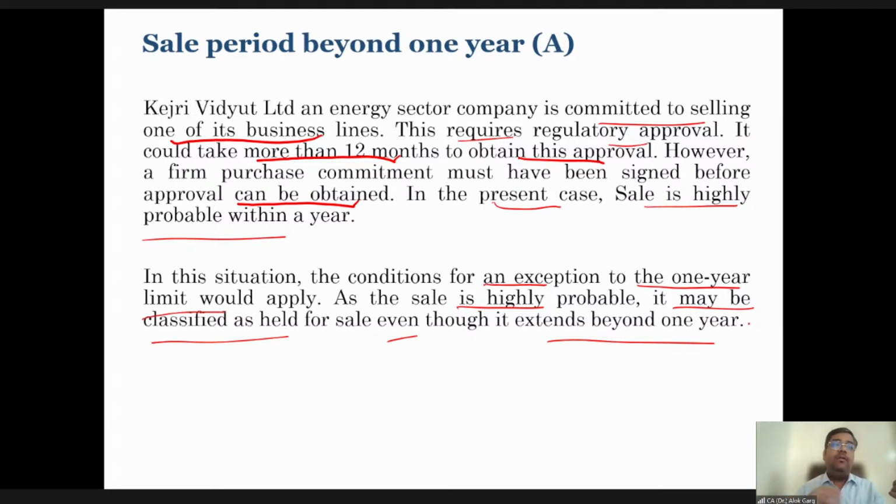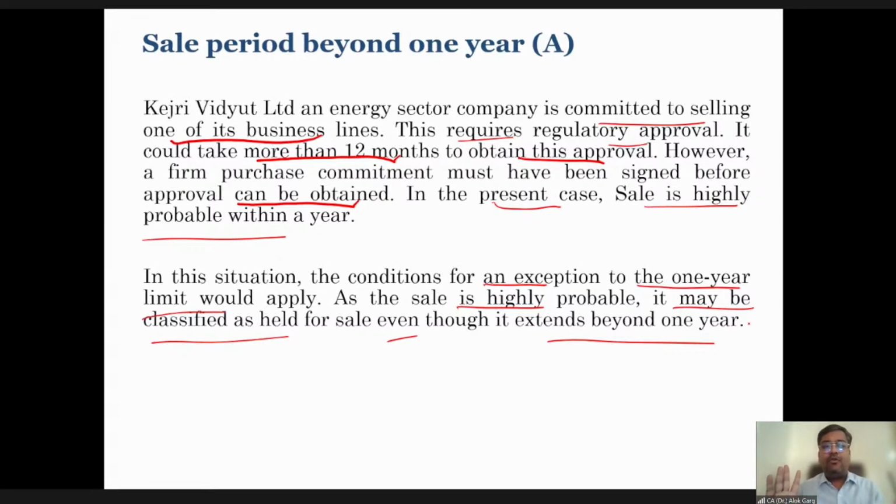If the answer is yes, then of course you will consider this sale highly probable. But if the regulator denies, at the time of denial this asset will be reclassified from held for sale to a normal asset. But normally it does not happen like this.